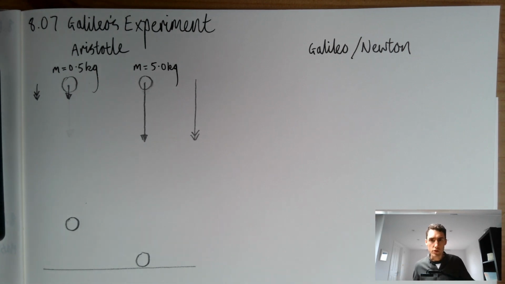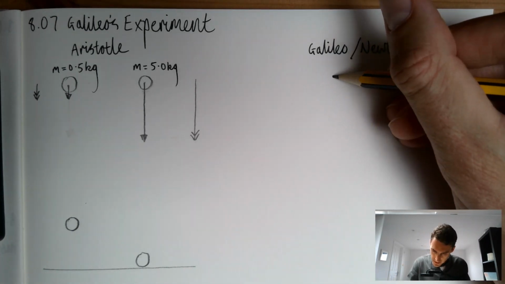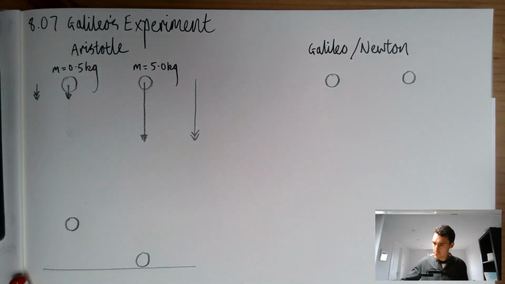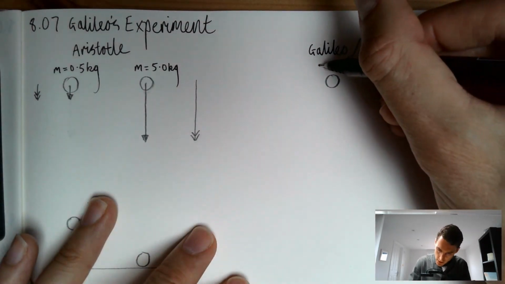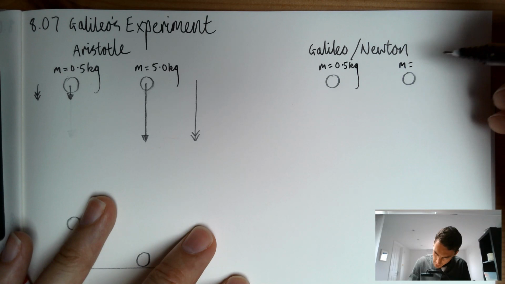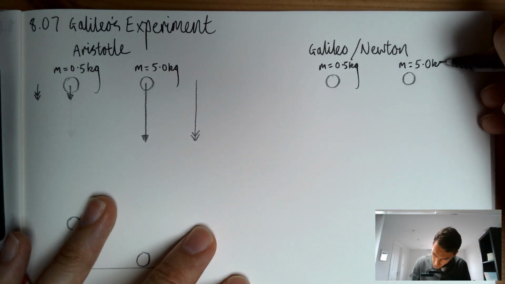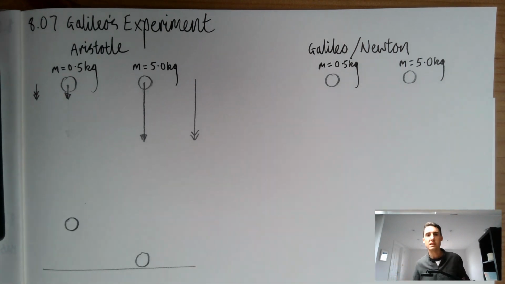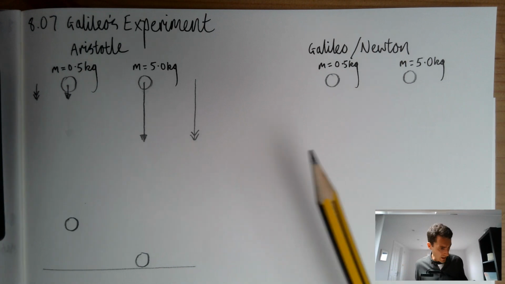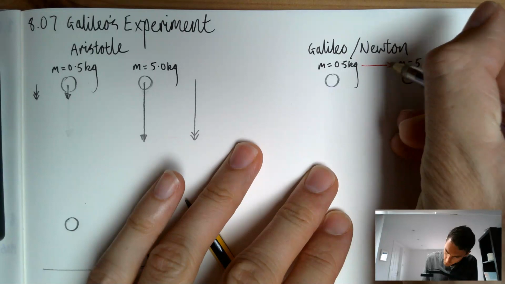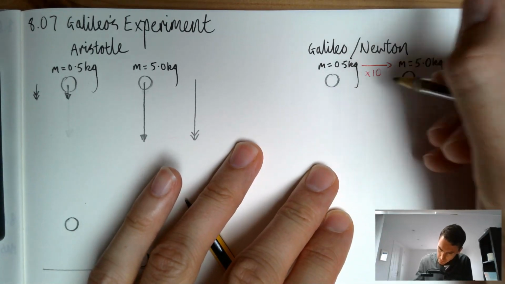But Galileo's way of thinking about this gave an alternative explanation of what's going on. So let's draw our two objects again, our football and our bowling ball. This is 0.5 kilograms. This bowling ball has a mass of 5.0 kilograms. Now, again, we can build on the knowledge from last time and say, well, one mass is 10 times greater than the other.